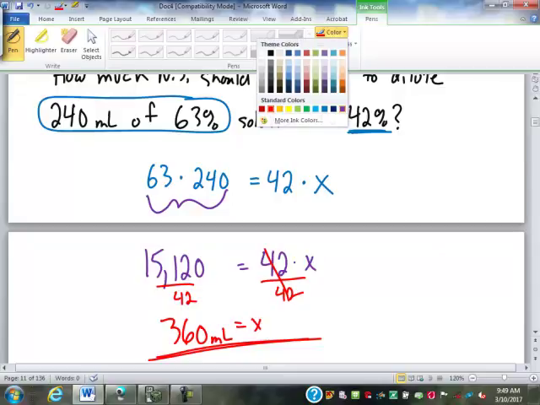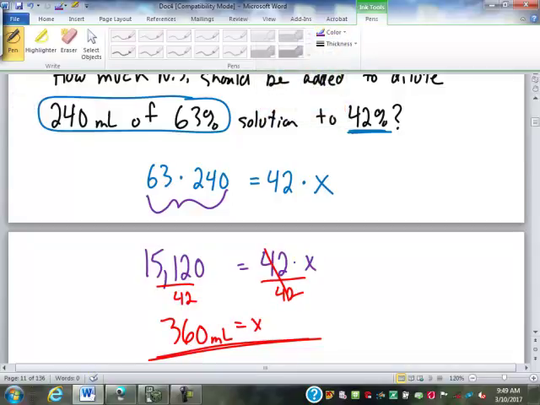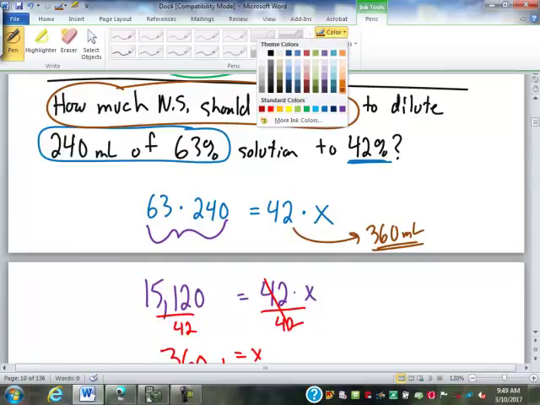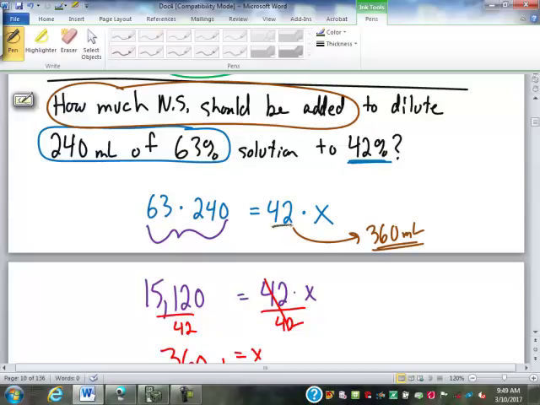Well, 360 is describing the amount of the 42% solution. But we were asked, how much saline do we need to add? The 42% solution requires 360 milliliters.